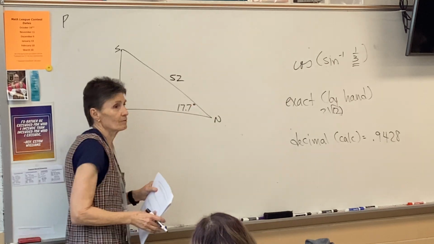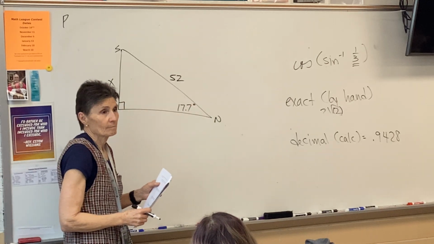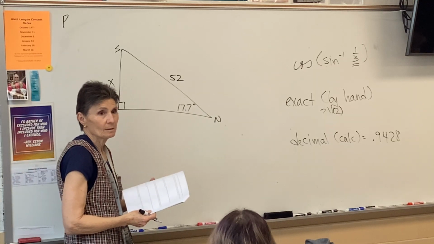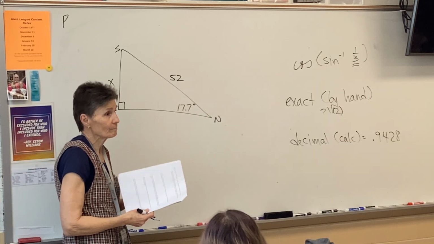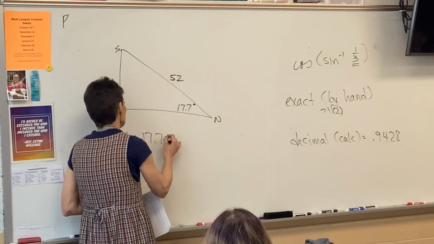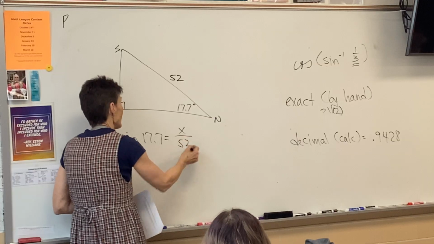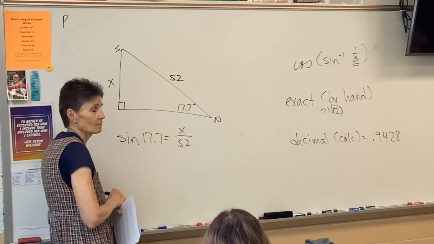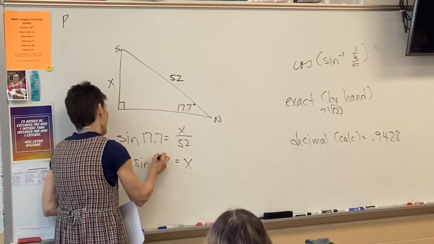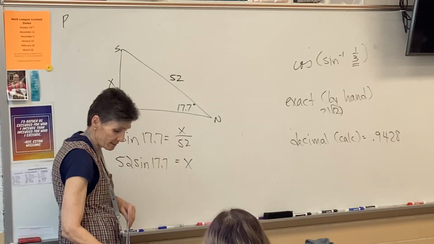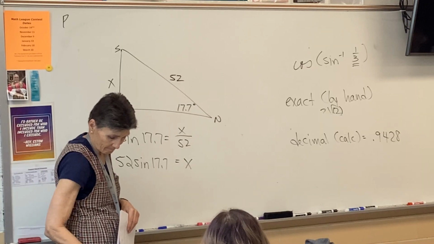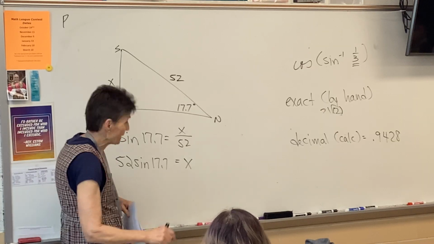Find the height of the tree. Picture all right with everybody? Sine, cosine, or tangent? Sine. Sine 17.7 equals opposite over hypotenuse. The answer will be whatever 52 sine 17.7 is. Do you get 15.81 feet?